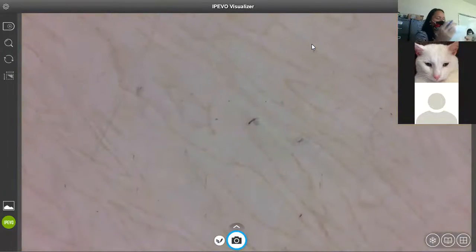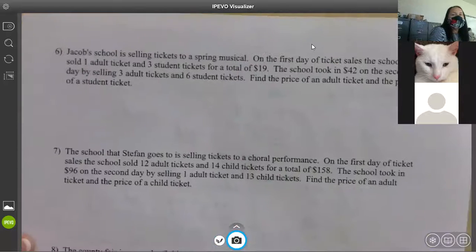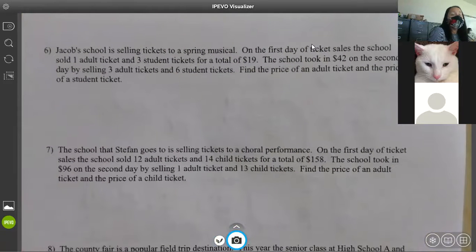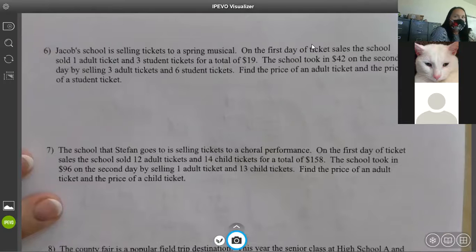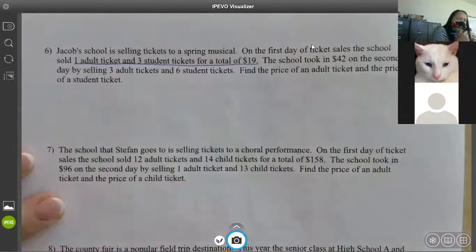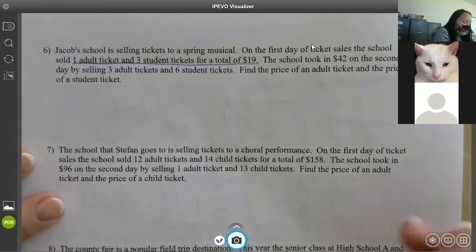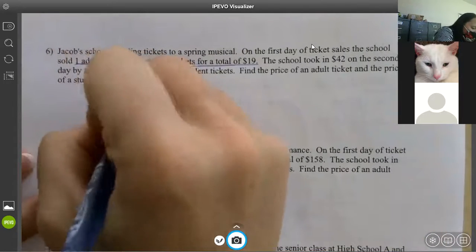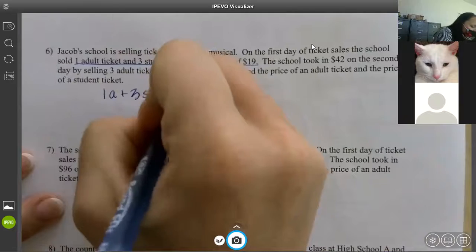Doing the same exact thing, couple more problems. A school is selling tickets to a spring musical. On the first day of ticket sales, the school sold 1 adult and 3 student tickets for a total of 19. How do I write that? Perfect.